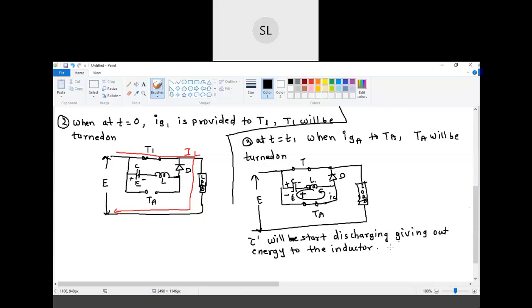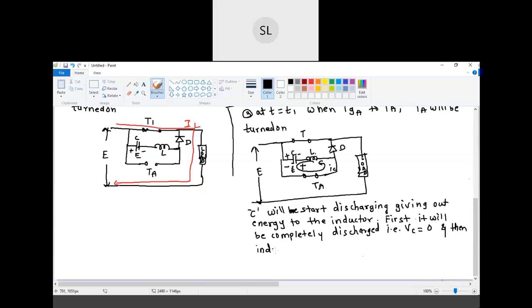Okay. So first of all, it will be completely discharged, that is, till Vc becomes equal to 0, and then the inductor will return energy back to the capacitor, so that the capacitor will start charging in the opposite direction.